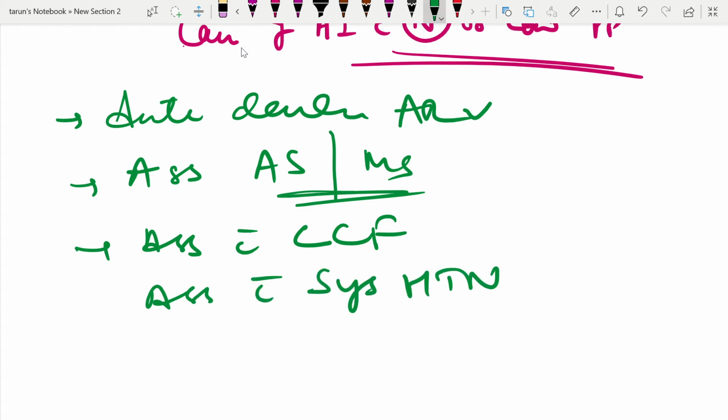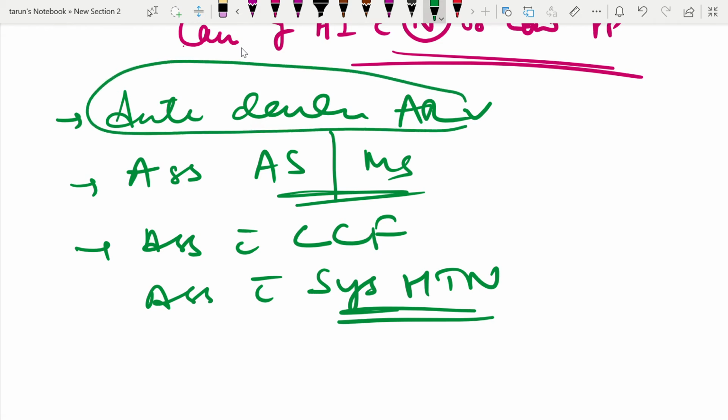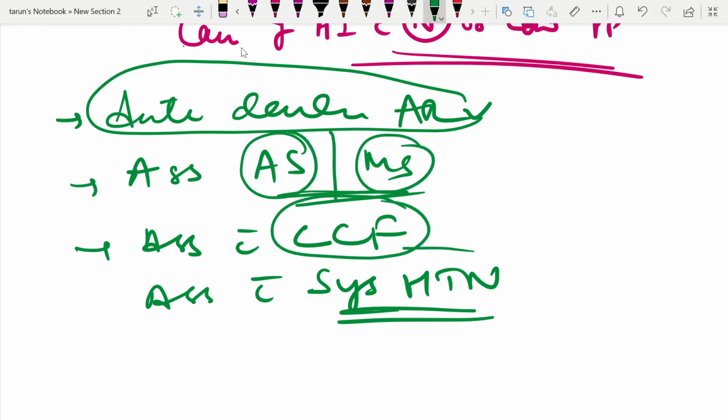So what are the conditions in which you get aortic regurgitation with normal or low pulse pressure? First, if it is acutely developing aortic regurgitation. Then if it is associated with aortic stenosis, tight MS, congestive cardiac failure, systemic hypertension, then it is a case of normal or low pulse pressure.